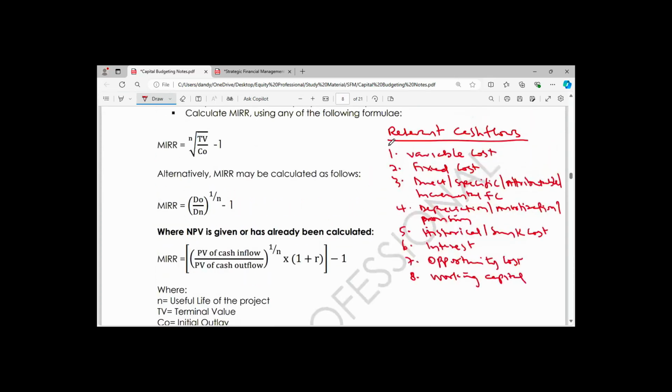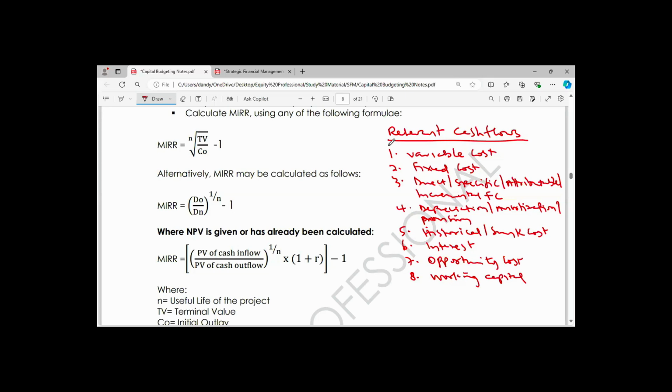What do you mean by variable cost? How do you treat variable cost when you see it in a question? Variable costs are costs that are directly related to the project under consideration. Examples include direct material, direct labor, direct expenses, and variable overhead. Variable costs are relevant cash flows and should be considered, meaning that in a question, when you see direct material, direct labor, direct expenses, or variable overhead, they are relevant.